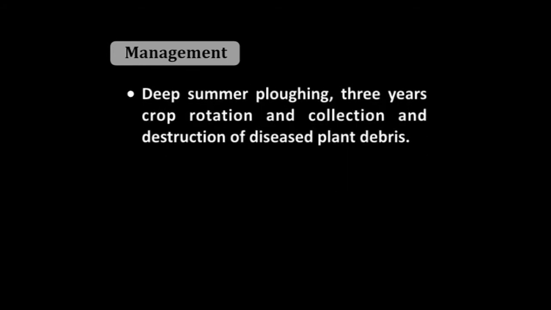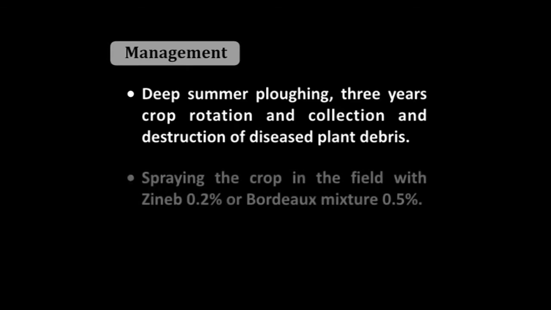Deep summer plowing, 3 years crop rotation and collection and destruction of diseased plant debris. Spraying the crop in the field with Zineb at the rate of 0.2% or Bordeaux mixture 0.5% is also effective.